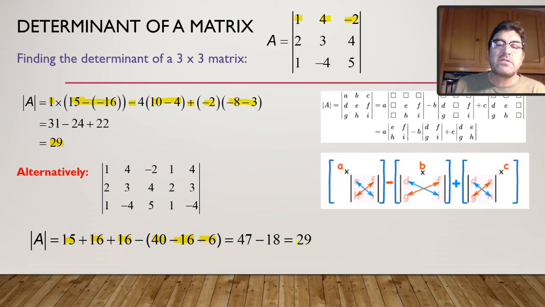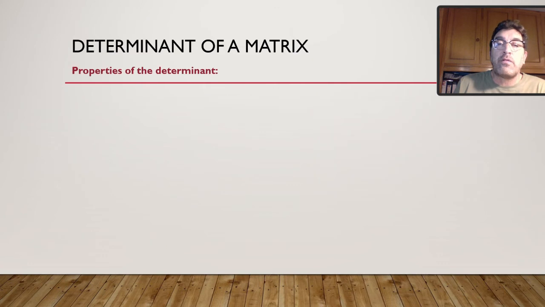We find those two sums and we see that our two determinants are indeed the same. So whichever one works for you, you can apply and use from here on going forward.